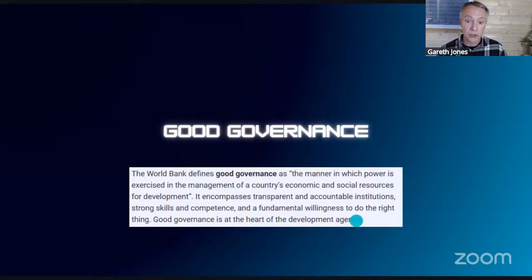And good governance is the heart of a development agenda. And the development agenda is kind of important to what we're talking about, because great institutions like the United Nations are not perfect, because no institution is, but its intent, its ideology, it's all there.